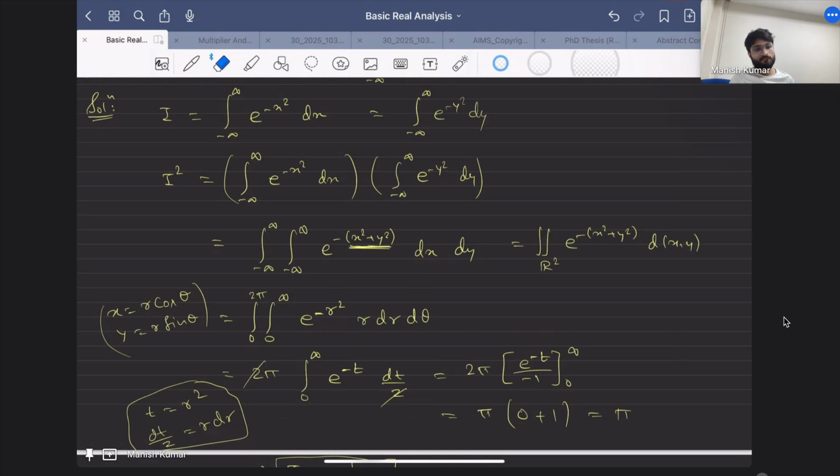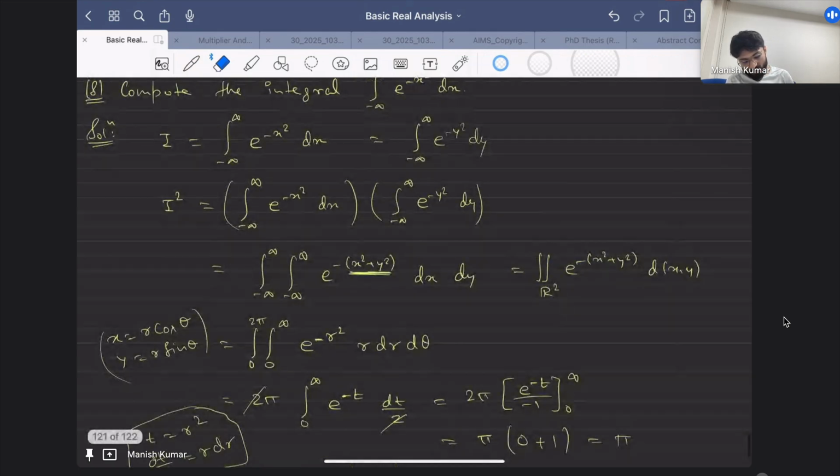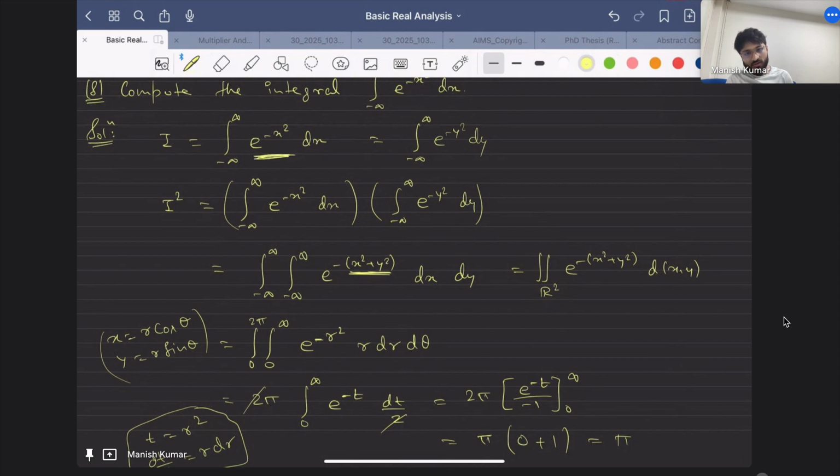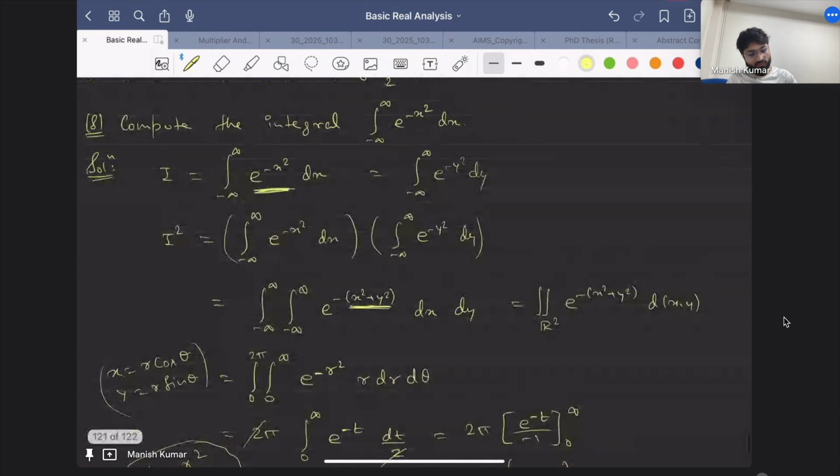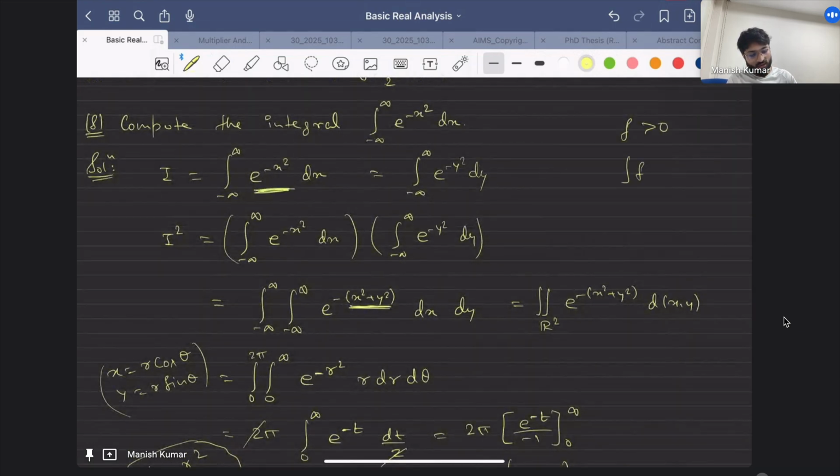So the thing is that over here you see this function is positive. So you know that if f is greater than 0, then my integration is going to be greater than 0, right? This Riemann integration, we have already seen this kind of thing.